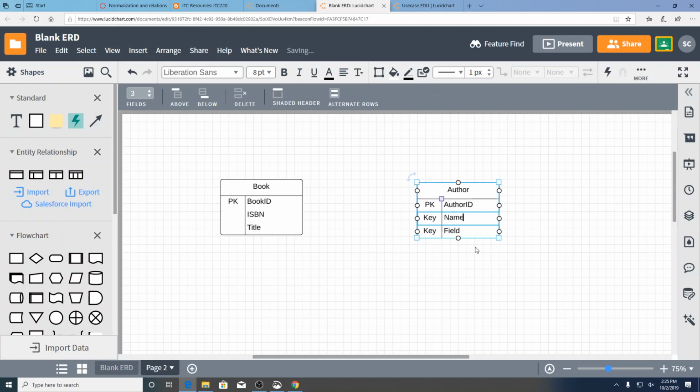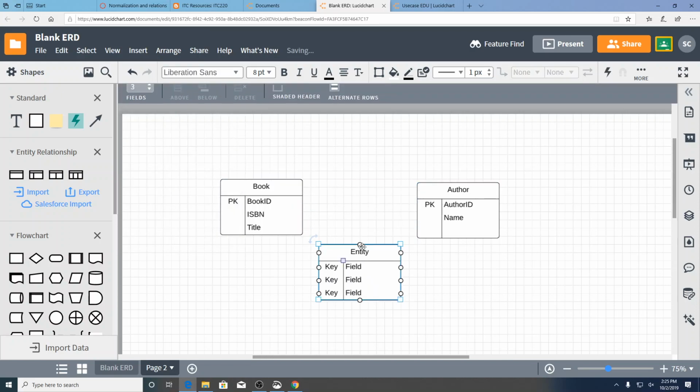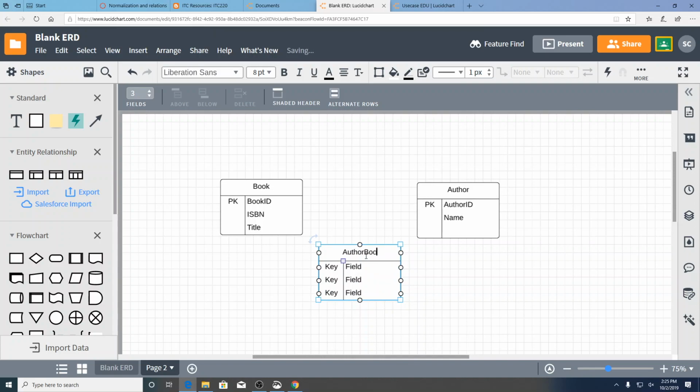I'm just going to do name. I think that's enough for the demo. Now, to associate it with the book, you need to create another entity, and I'll call it author book, which has the book ID and the author ID.